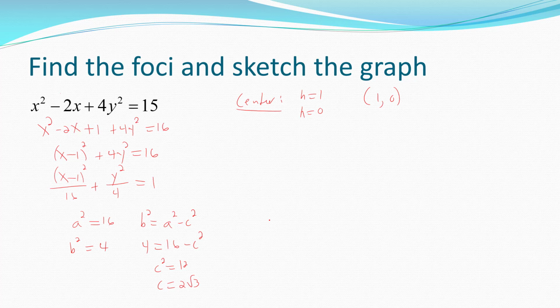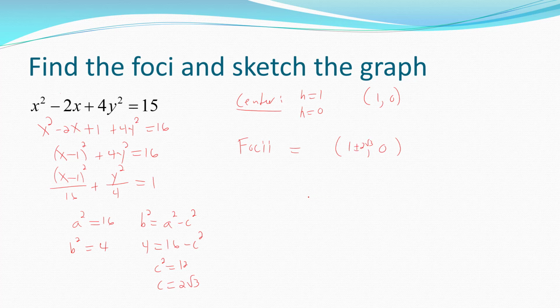Since a squared is under x, a and c will both affect x values. So I can find the foci pretty easily too. Our foci are found by taking this point 1 comma 0, and to the x value I add and subtract this. So the foci are 1 plus or minus 2 square root of 3 comma 0.